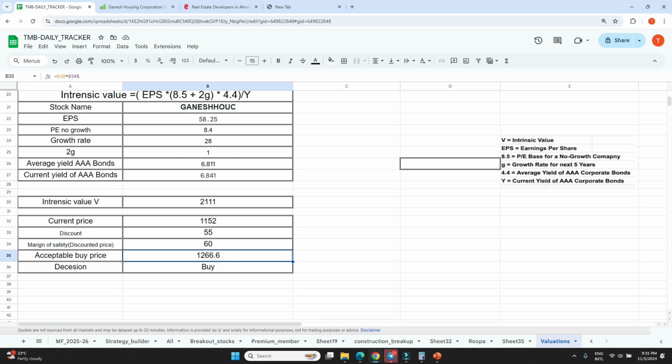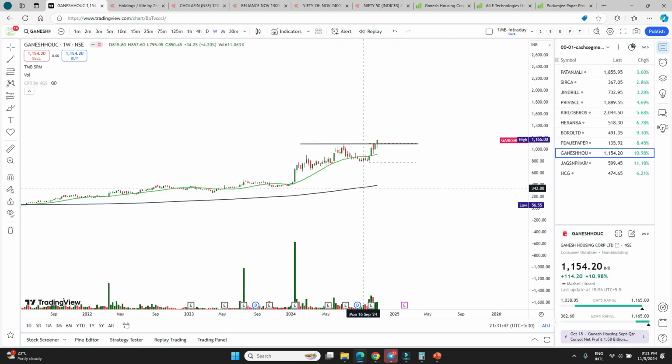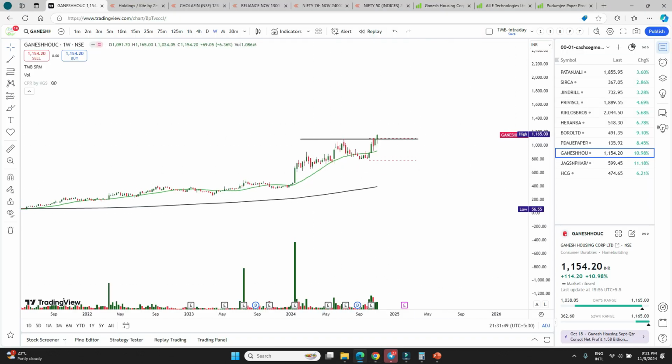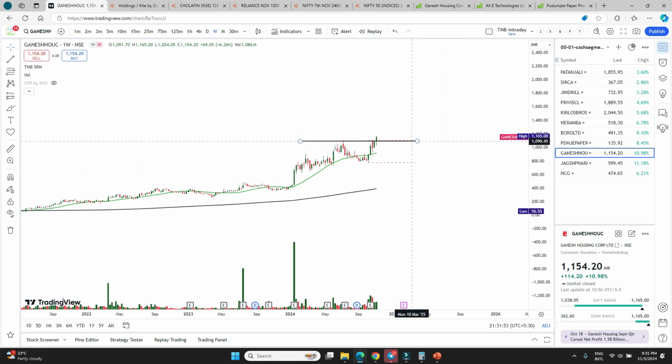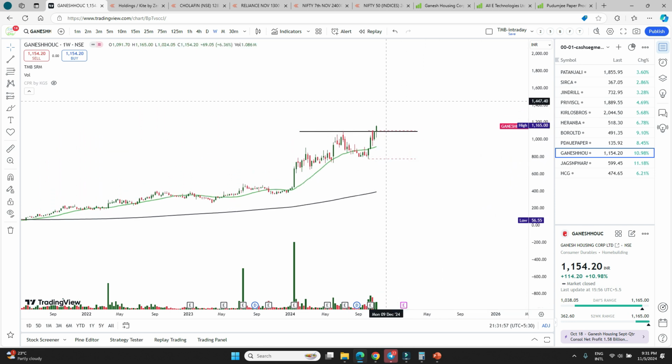In all the criteria, the stock is following my thing. If it is trading more than that value, there is a probability of coming back.